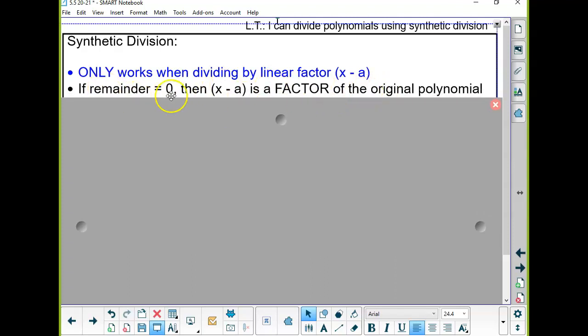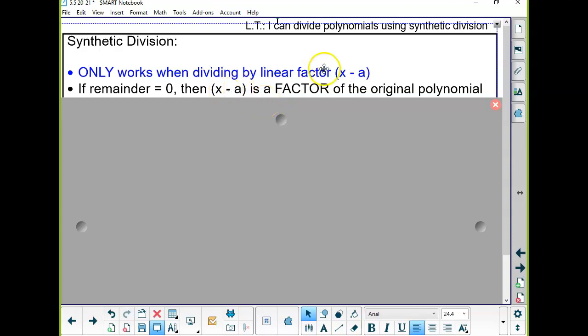Now, we kind of hinted at this. If you do any type of division and the remainder is equal to 0, then that x minus a that you divided by is considered a factor of the original polynomial. That's a special theorem that we're not really going to make a strong case for. It's called the Factor Theorem.